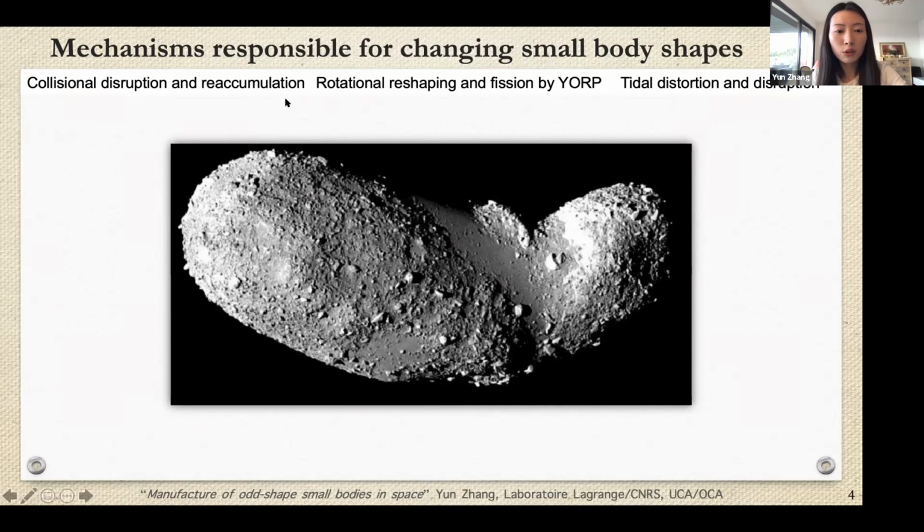In order to decipher the small bodies' history from their current morphologies and shapes, we need to explicitly model these processes. My collaborators and I have been dedicated to developing and incorporating several numerical tools to study these processes for years, and we have revealed some features of them.